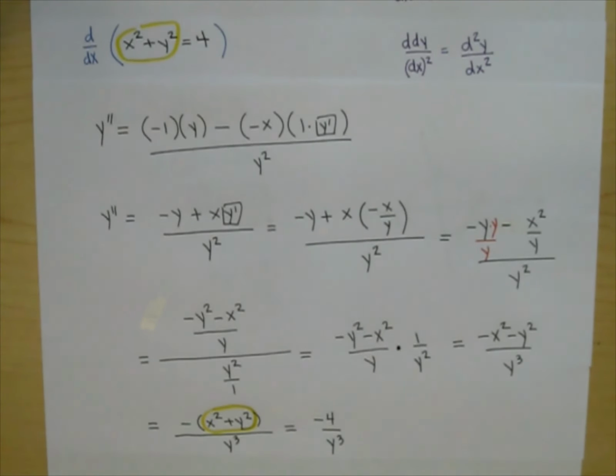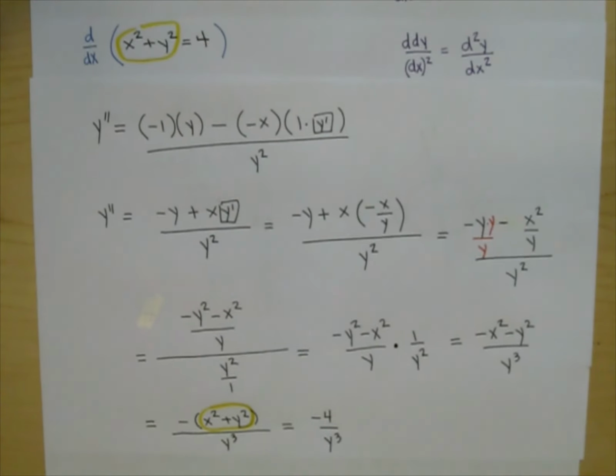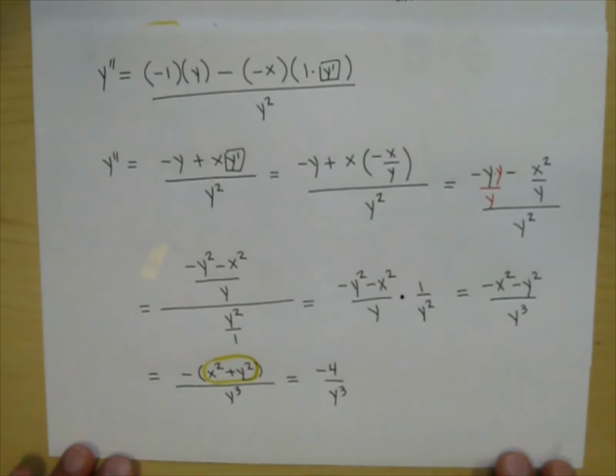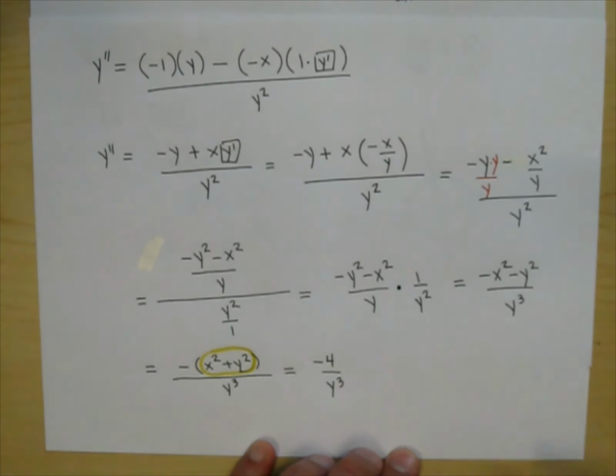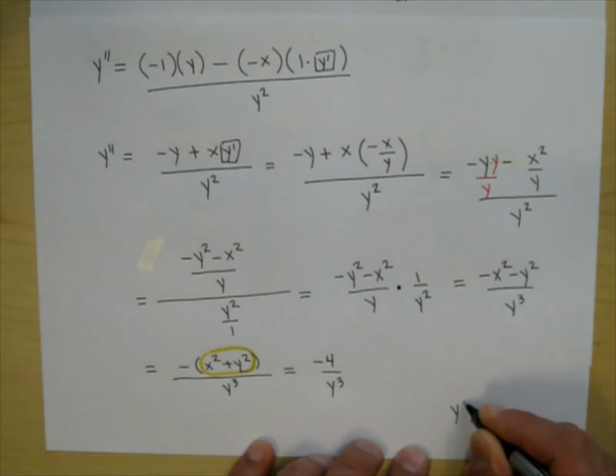So if you're just sitting there going, oh, I'm feeling a little sick, well, you have been watching math. And did you think that was going to make you feel better? I don't think so. So we have just found the second derivative. I'll write it as y double prime, not d2y over dx squared. So y double prime is -4 over y cubed.